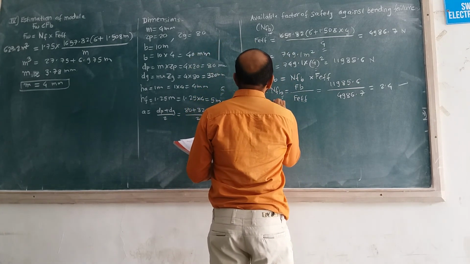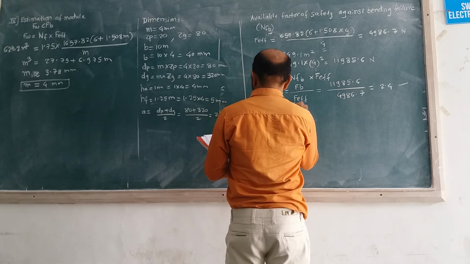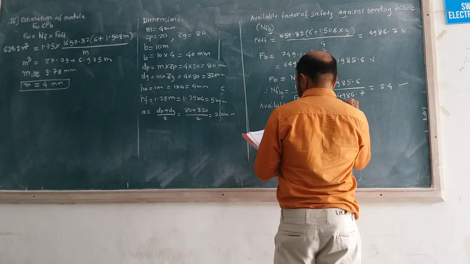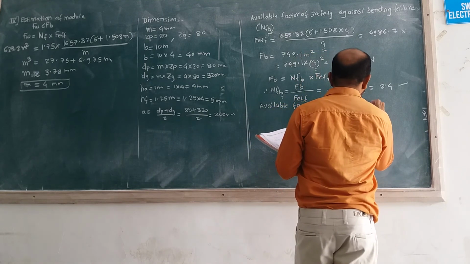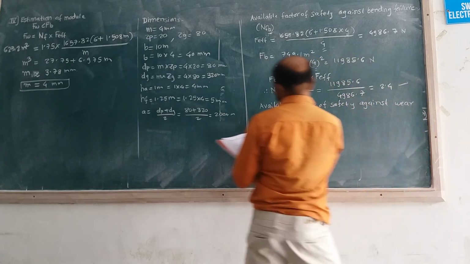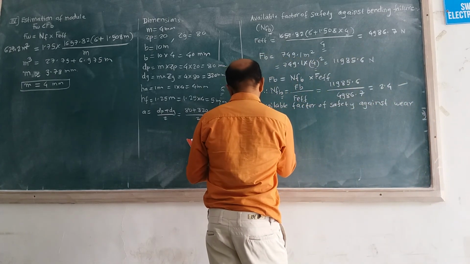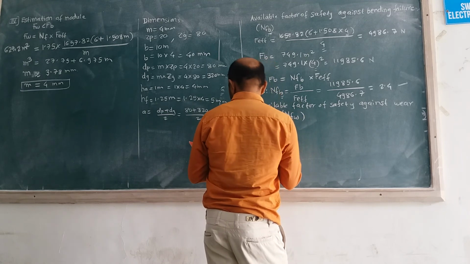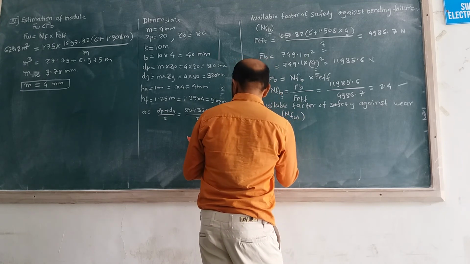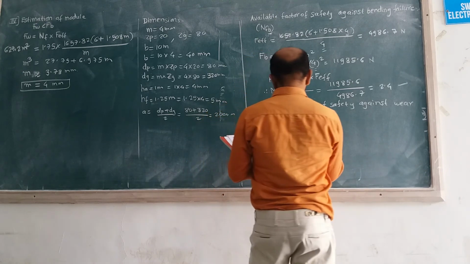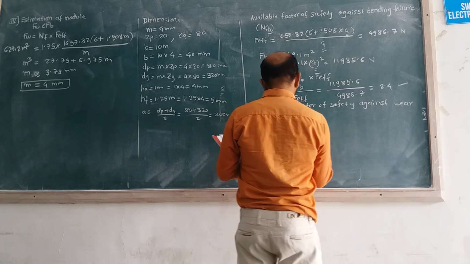The available factor of safety against wear failure: FW is equal to 627.2 module square.